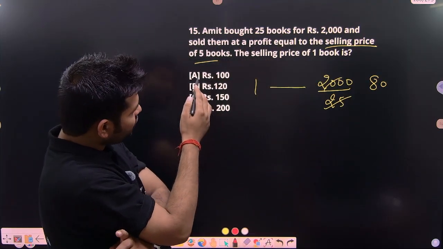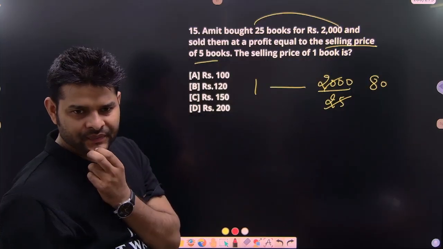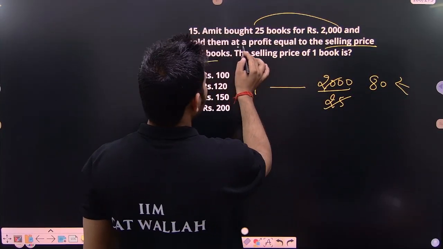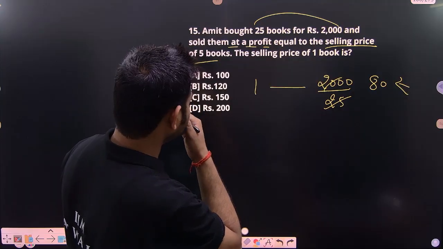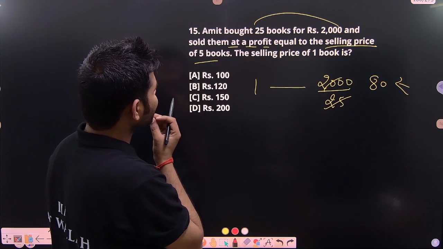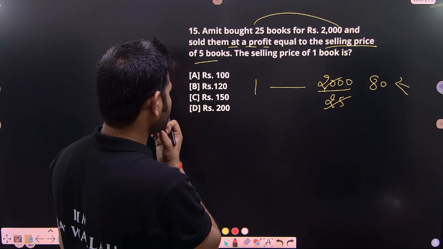If Amit bought 25 books for rupees 2000, one book cost would be rupees 80, and sold them at a profit equal to the selling price of 5 books. Selling price of 5 books.